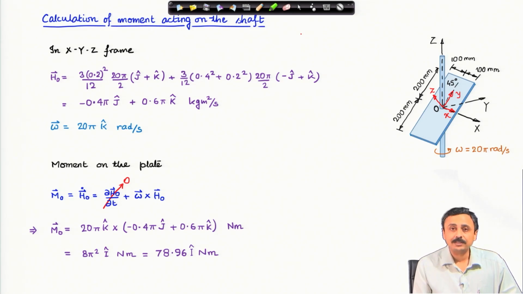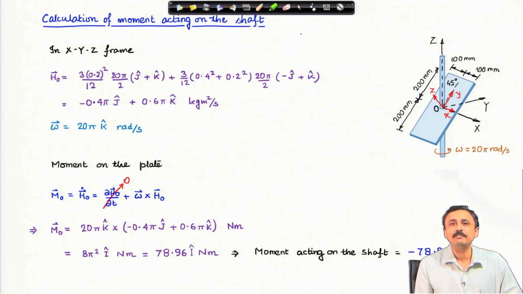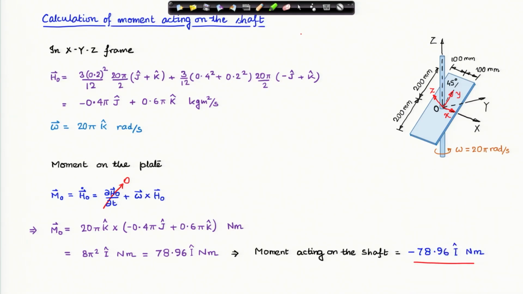Now, this is on the plate, therefore on the shaft it is minus 78.96 I cap Newton meter. So, that is the moment generated on the shaft because of the plate aligned like this. Therefore, this will produce a concentrated moment on the shaft.